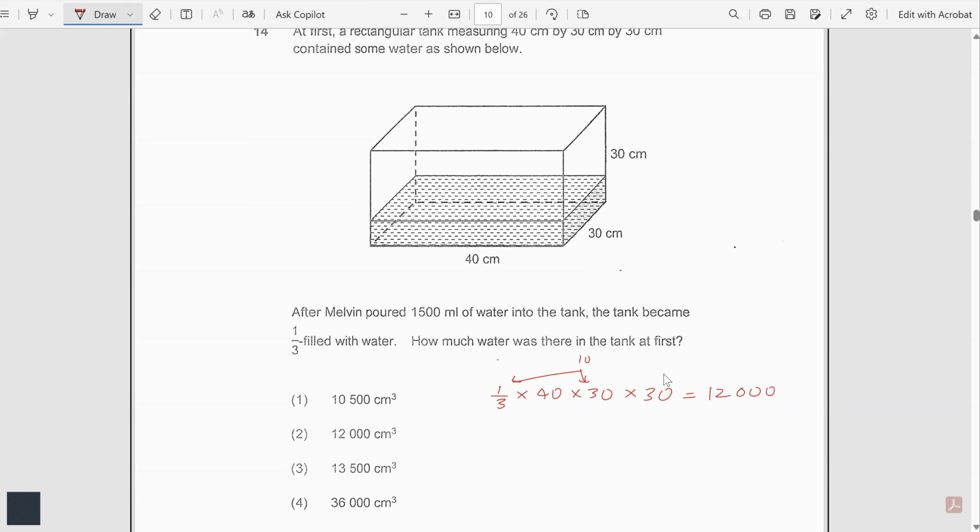Okay, 3 zeros behind, not 2. Then this is the water in the end, after pouring in the 1500 ml. You're going to find the water at first, so you have to take it away. 12,000 minus 1,500, 10,500. Okay, so that's the amount of water at first. That is option 1.